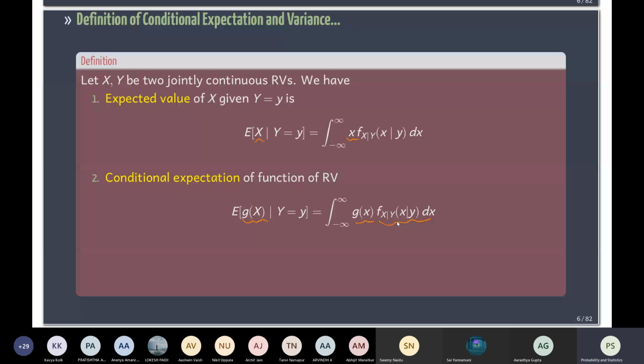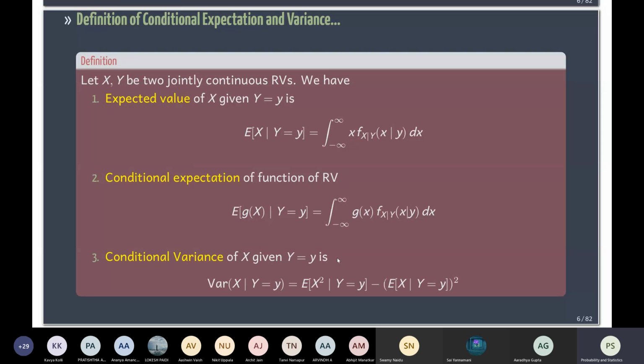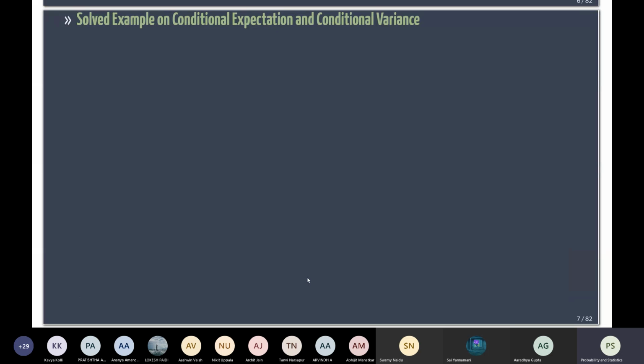You just put the conditional PDF and g(x), and integrate. Conditional variance of x given y equal to y is again extended as before: expectation of x squared given y, minus expectation of x given y, whole squared. Given that these are defined for the continuous case, you just substitute those values here.